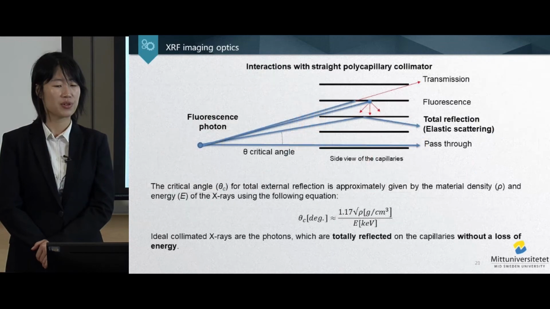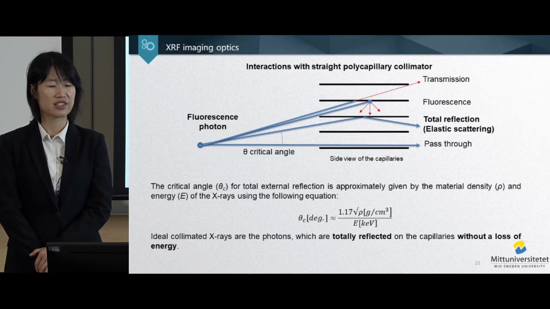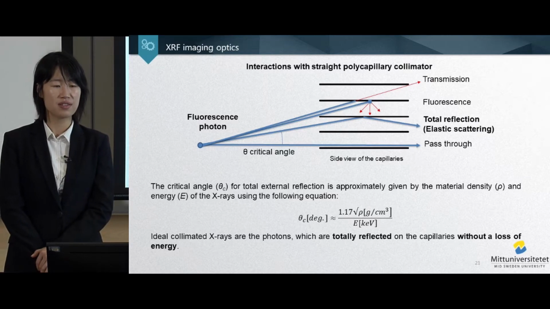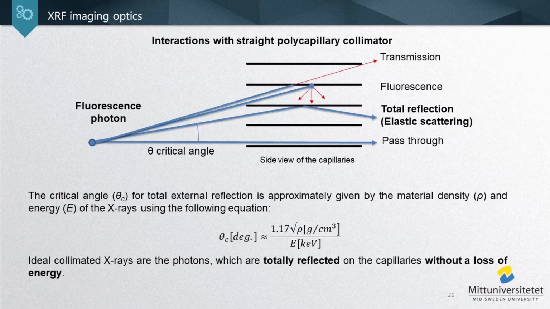In a straight polycapillary optics, there are 4 interactions that might happen. When the photons have high energy, they could transmit through the inner walls of the polycapillary, or they could generate a fluorescence signal from the capillary materials. If the incident angle is below the critical angle, total reflection will happen.